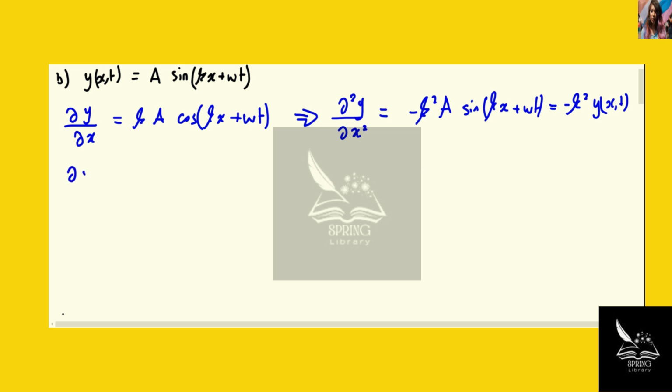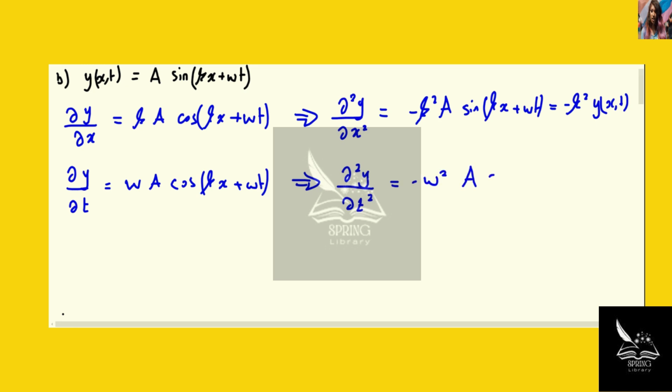The time derivative, partial y, partial t, is equal to omega a cosine(kx plus omega t). And from this, we can find the second time derivative, and it is equal to minus omega squared a sine(kx plus omega t), which is again the original wave function multiplied by negative omega squared.